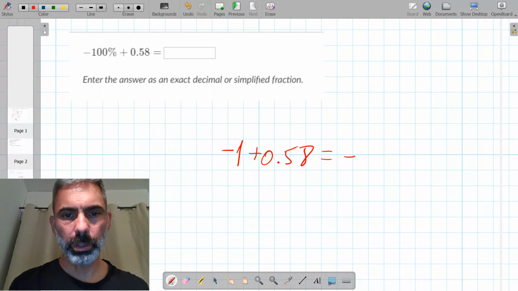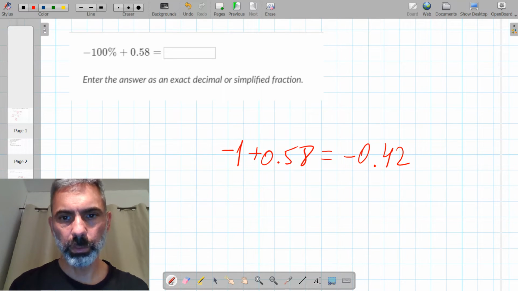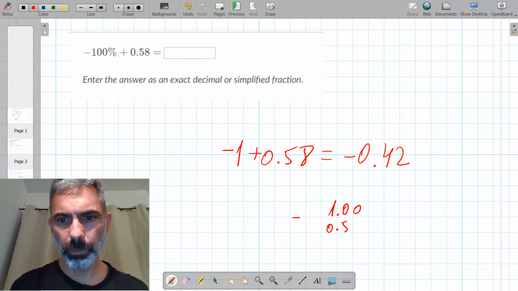So the difference between 1 and 0.58 is 0.42, because to complete from 58 to 1, you need to add 42 hundredths, right? 1 minus 0.58, so this becomes 0 and this becomes 10.